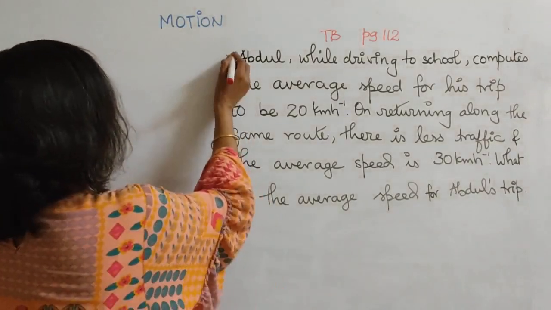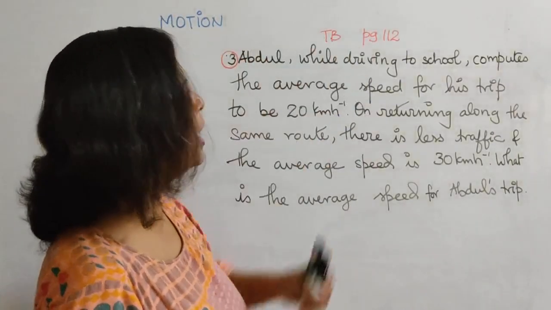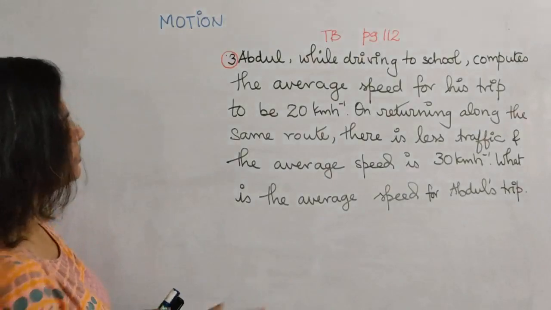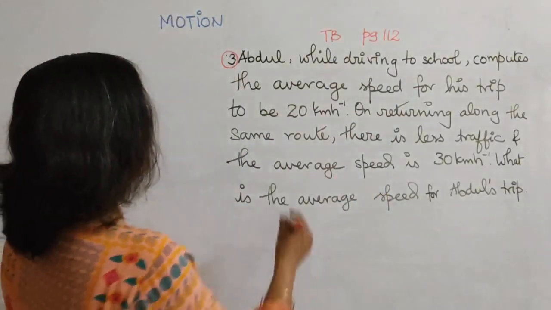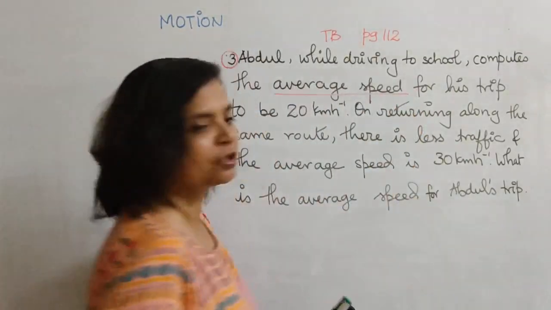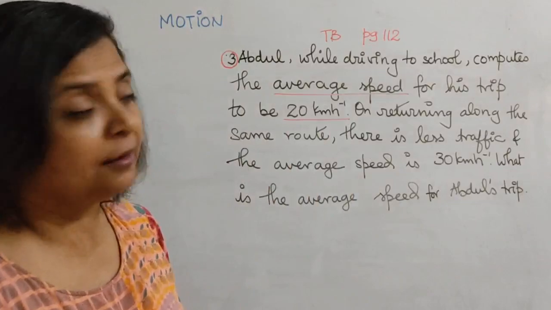So this is the third question of your textbook exercise on page number 112. It says, Abdul, while driving a school bus, computes the average speed for a trip to be 20 kilometers per hour.